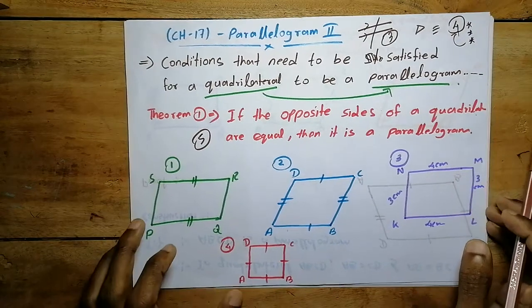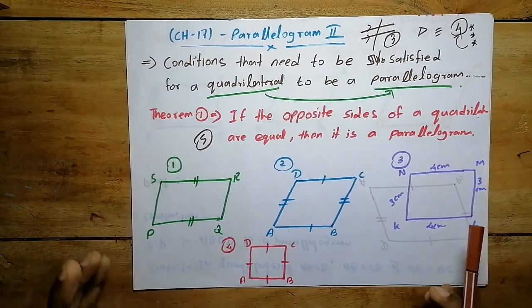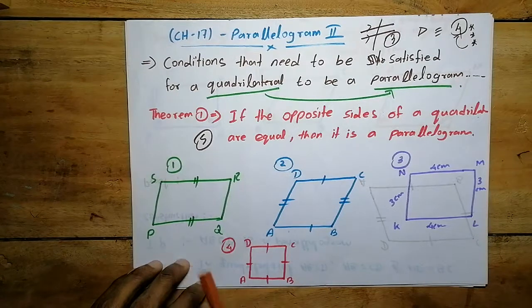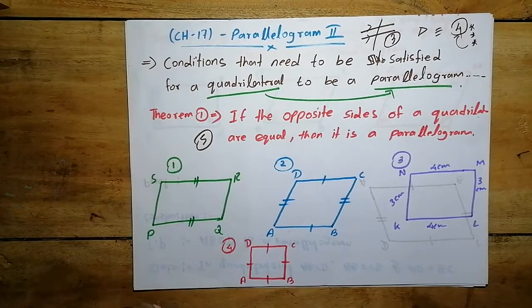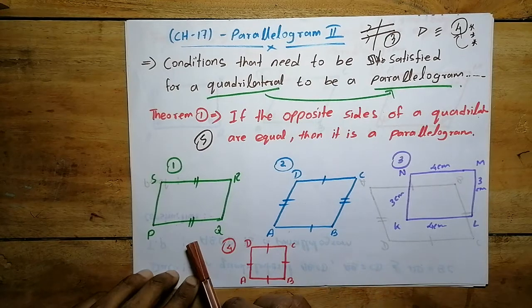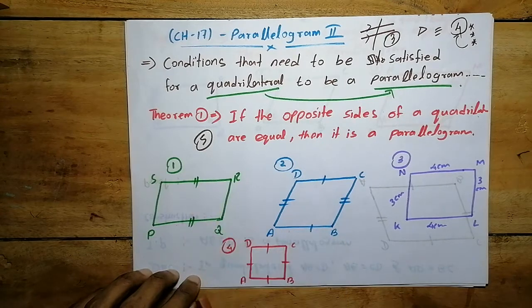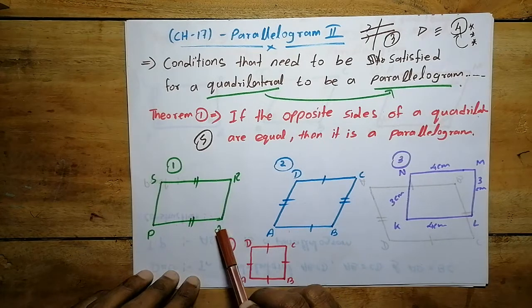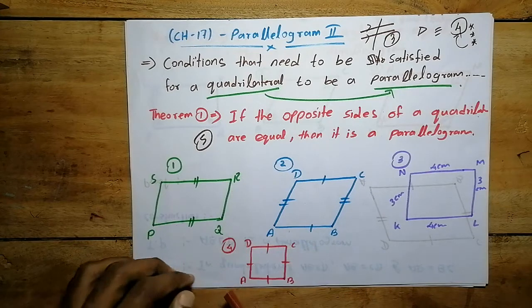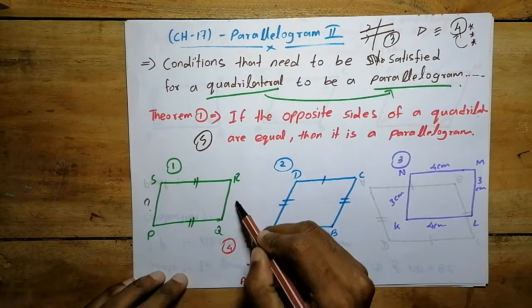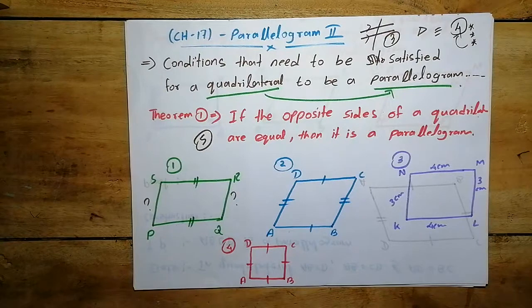Okay, we'll check how it is going to be applied. We have a quadrilateral PQRS. The data in the figure is that one pair of opposite sides are equal: PQ and SR are equal. So what about the PS side and the QR side? We don't have that data.